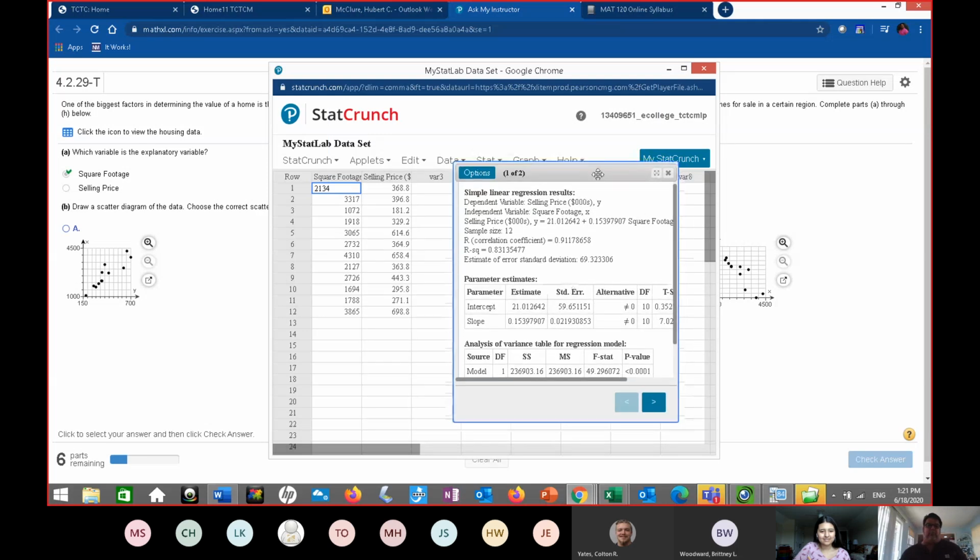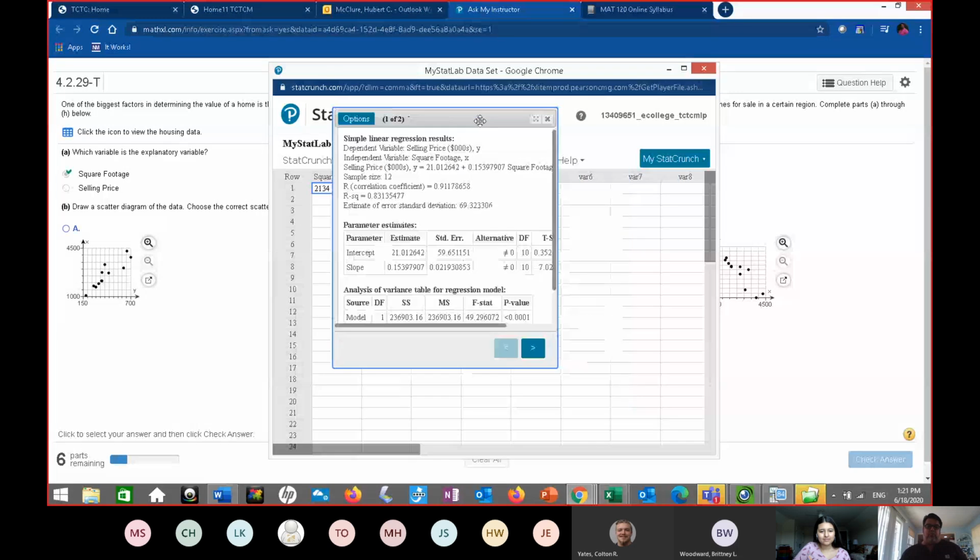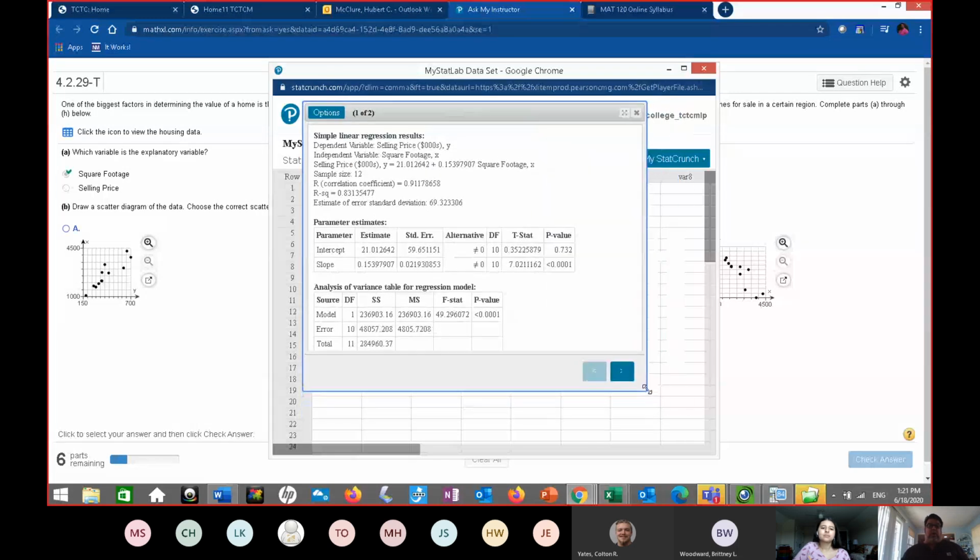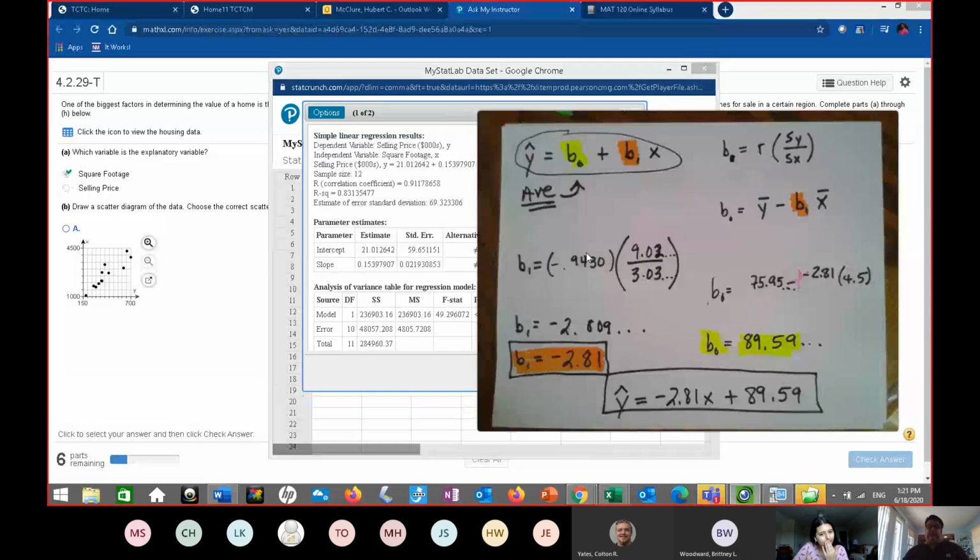Okay, here we go. Okay, what do we need? Well, let's go back to my handy dandy. You need R. And we also want to go ahead and check ourselves. So let's write down the y-intercept.